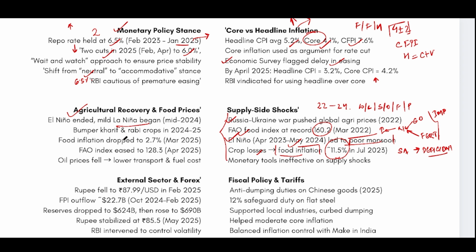Now, as there was no major weather shock in late 2024, India saw a bumper harvest in 2024-25. A bumper Kharif harvest was followed by a very good-yielding Rabi crop in the 2024-25 winter. The impact of all of this on inflation was immediate, as food inflation cooled dramatically in the first few months of 2025, dropping to 2.7% in March 2025.